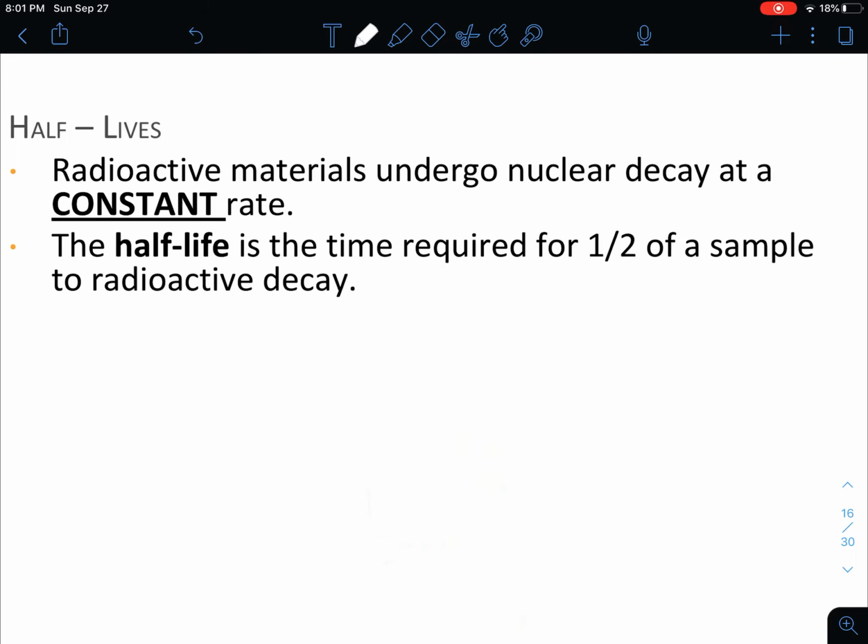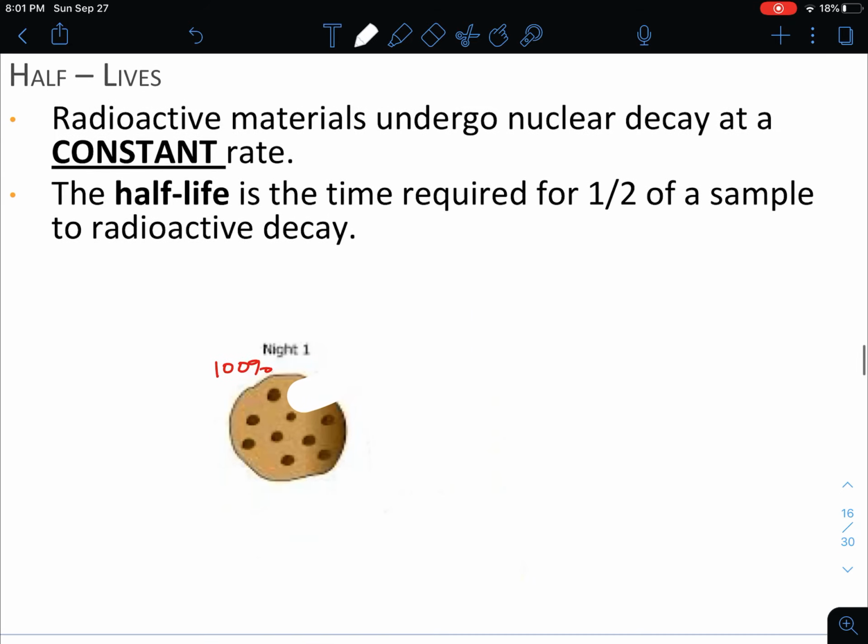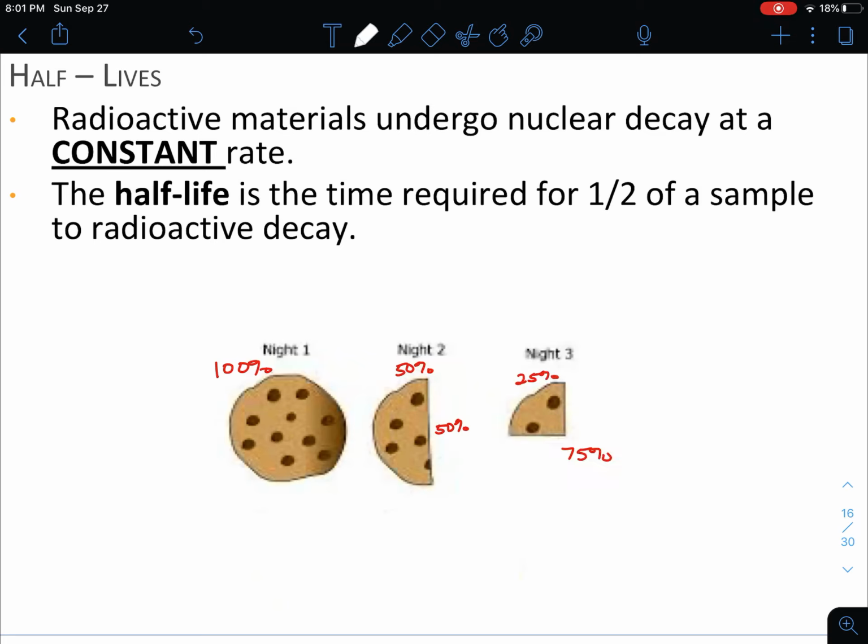So let's take a look at just an example. I have a cookie. You're like, oh yes, cookie. Before night 1, I had 100%. If my half-life was 1 day, night number 2, I would have 50% of a cookie, and 50% would be gone. Night number 3, half of the 50%, so I'd have 25% of the initial 100% remaining. 75% of that cookie would be gone.